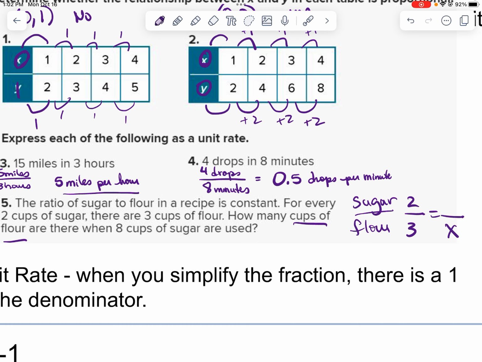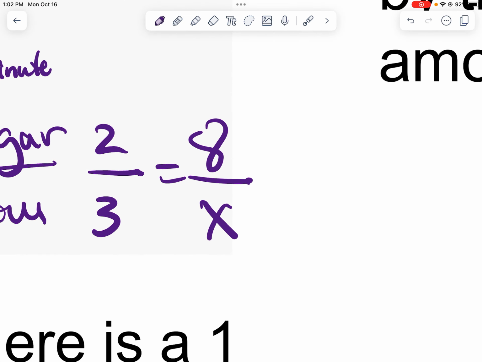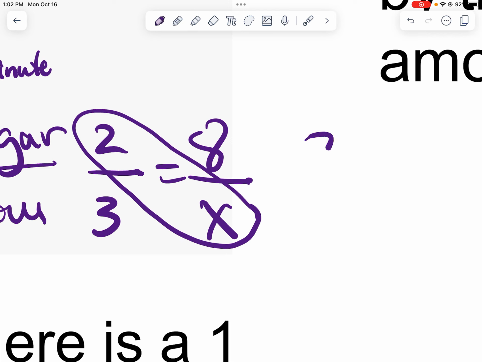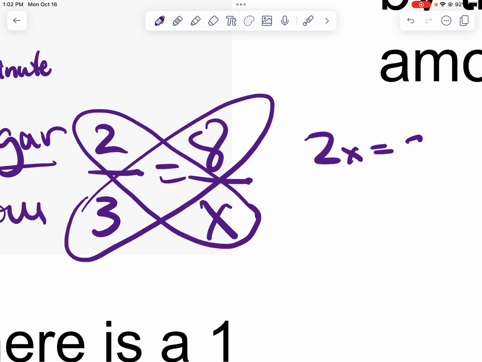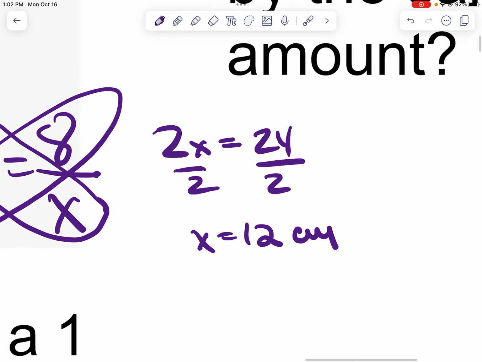So the X goes there. When there are 8 cups of sugar. Okay? So I have a proportion going on here. So I'm going to multiply. I multiply these two and I get 2x. I multiply these two, I get 24. Divide by 2 on both sides, and I get x equals 12. 12 what? 12 cups of flour.